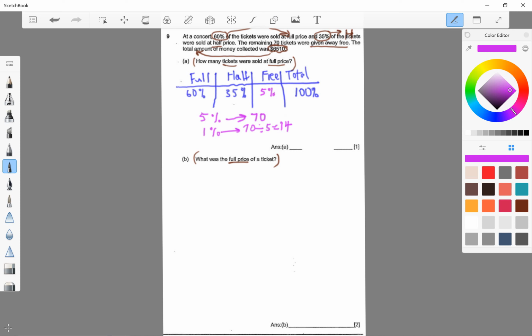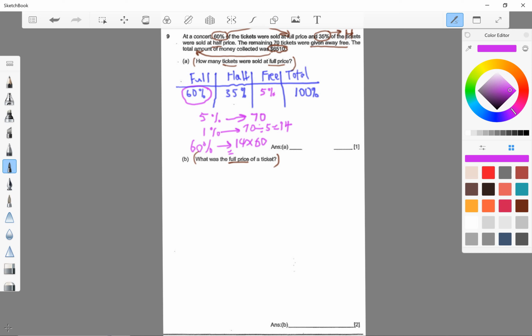Just another reminder, do not depend on mental sum. If we can use the calculator, just use it. It's a safer option. So 1% is 14, and the full price, how many tickets were sold at the full price? That is 60%. So 60% has got to be 14 times 60. 14 multiplied by 60 leads us to the answer 840.